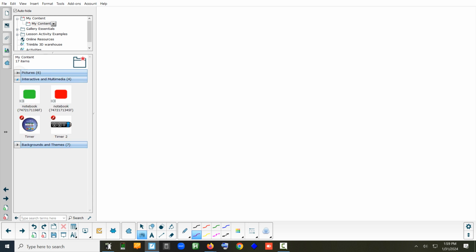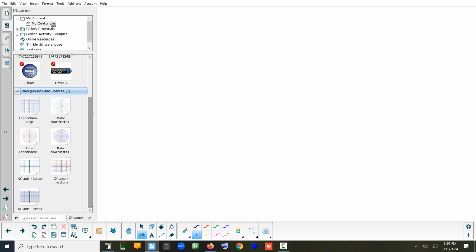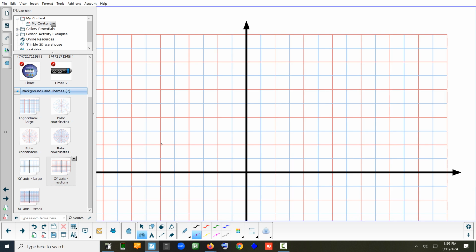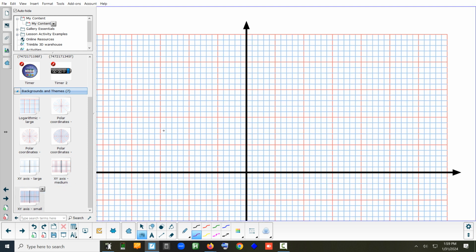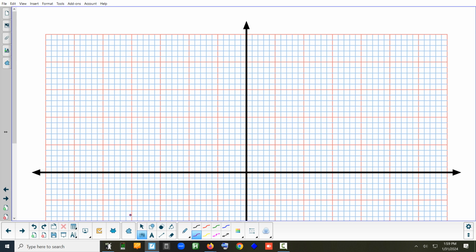I don't think the medium one goes to 12. No, it goes to 10. I need more going up, so I gotta do this one. All right, so (5, 12). Okay, so 5 across, 12 up. There's the point (5, 12).